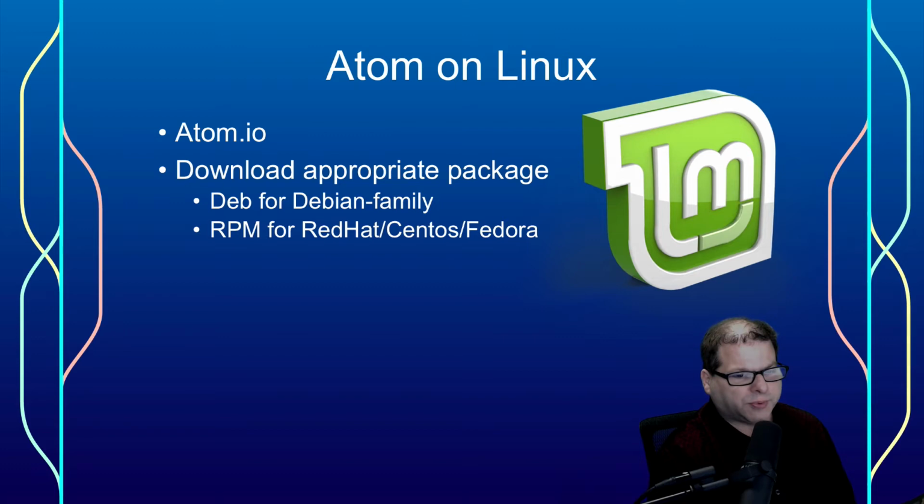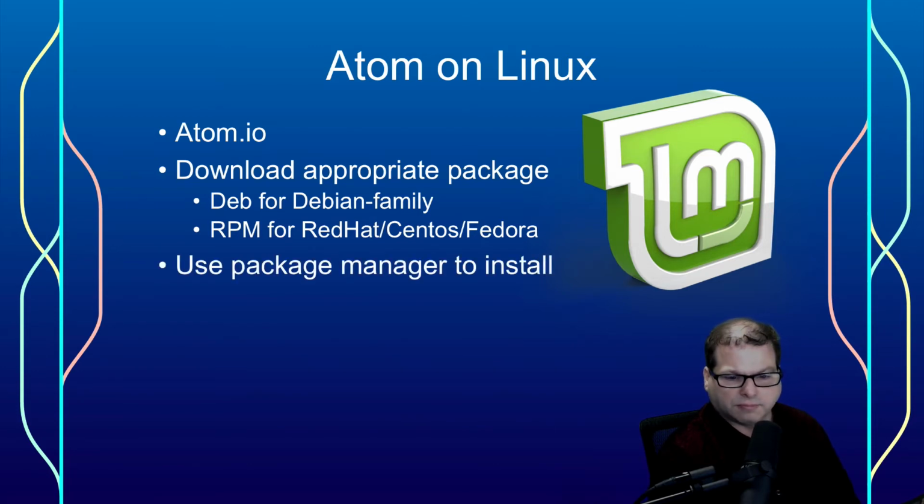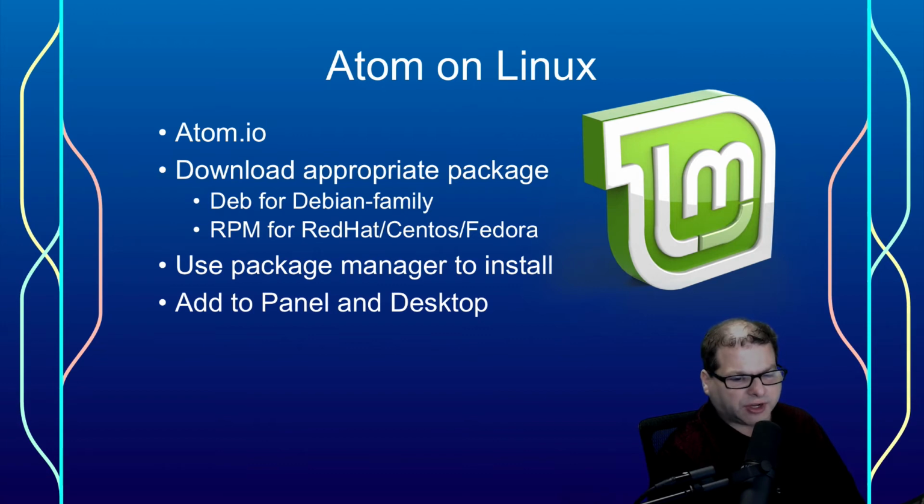The first option will be a deb package for the Debian family distributions, and an RPM version for the Red Hat CentOS Fedora crowd. Simply use your package manager to install the Atom package. Once Atom is installed, I like to add the Atom icon to the panel and the desktop.